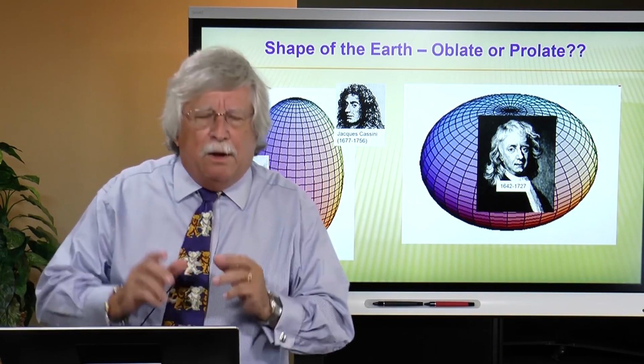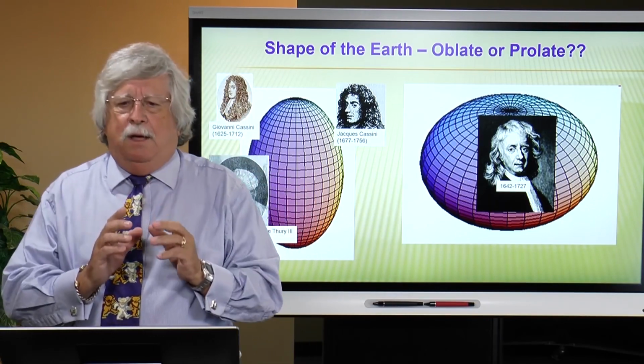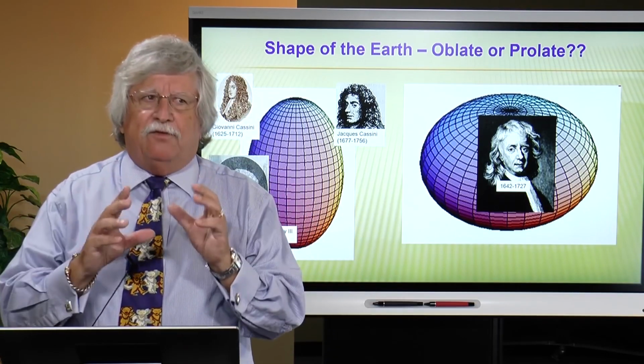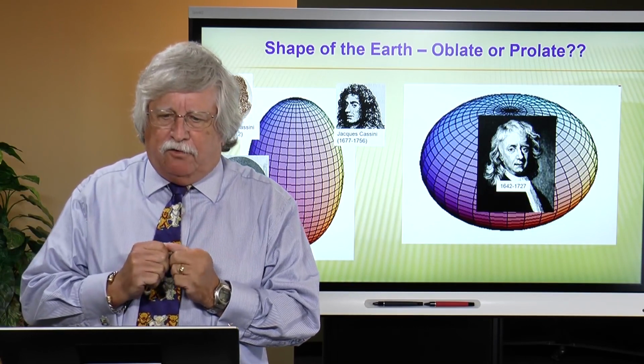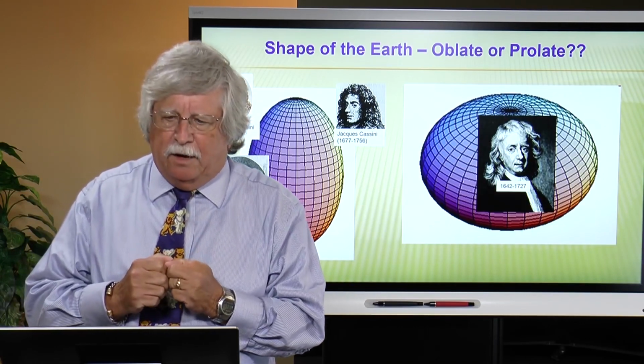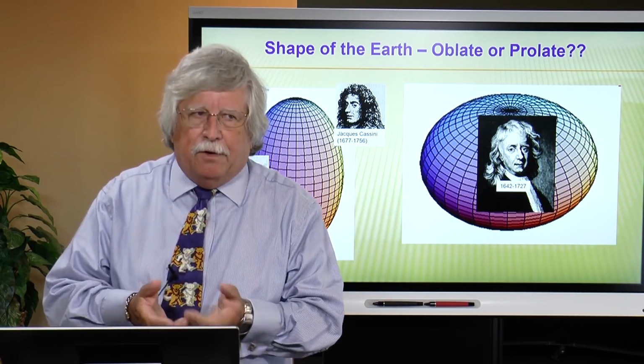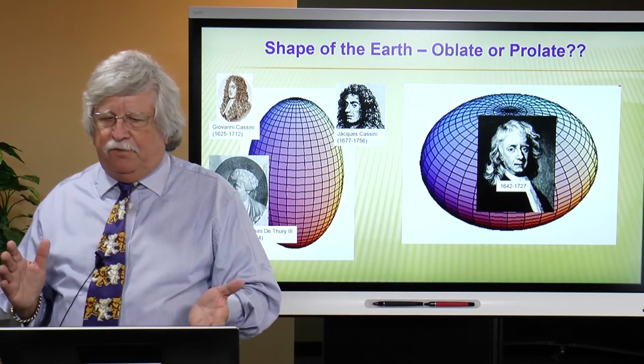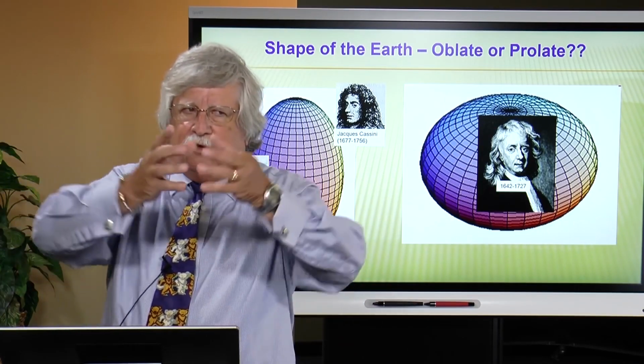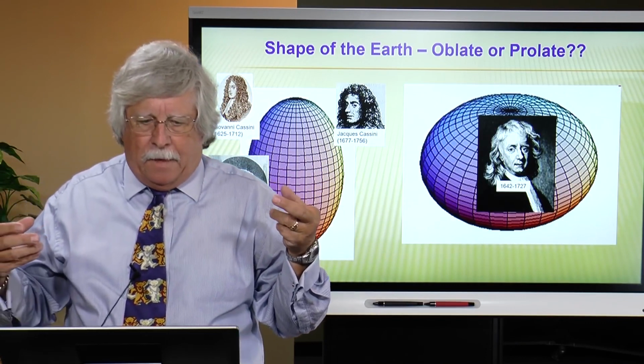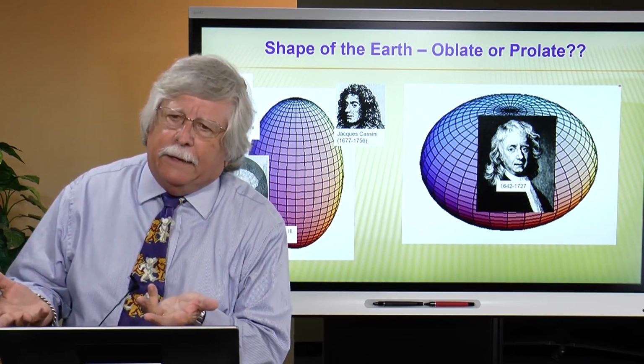So there we start. Okay, we now agree mathematically that the best mathematical figure to use to define the size and shape of the Earth is an ellipse. Right? It's not a sphere. It's an ellipse. It's flattened at the poles and it's elongated at the equator. But how big is it really?